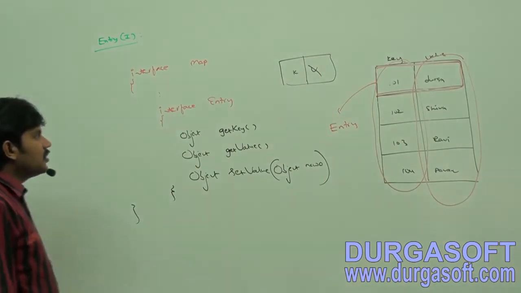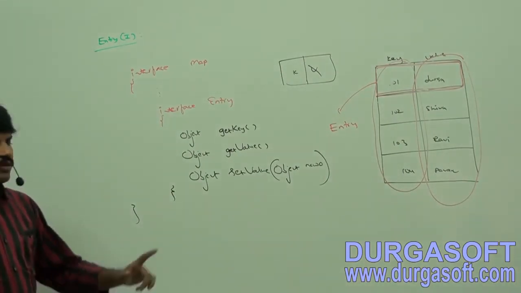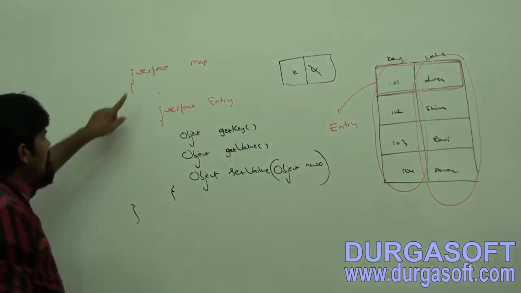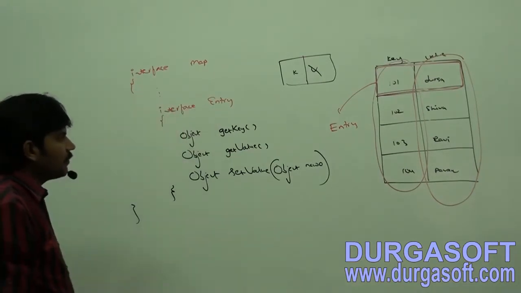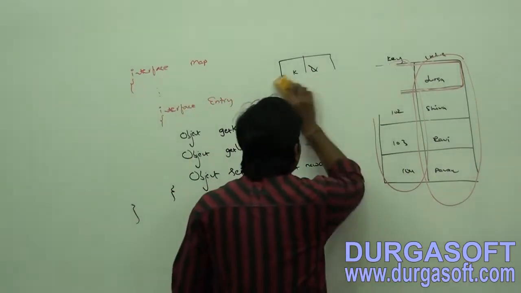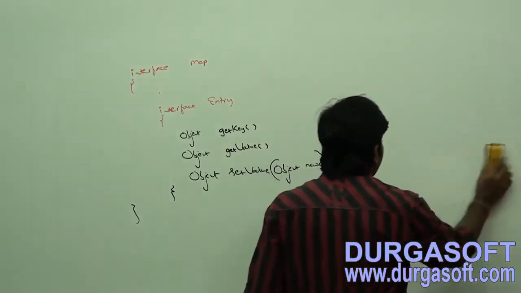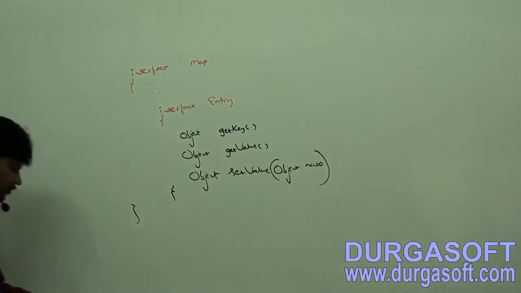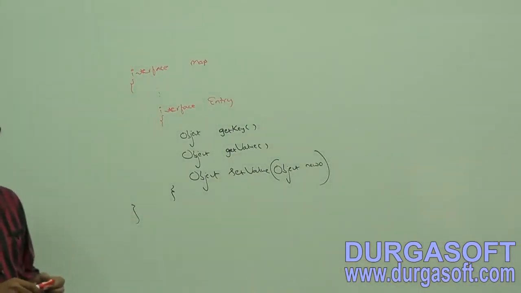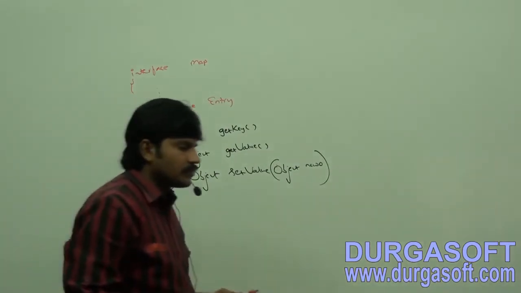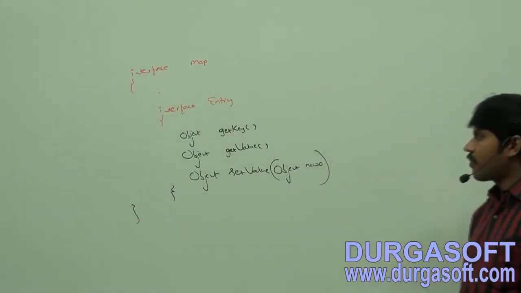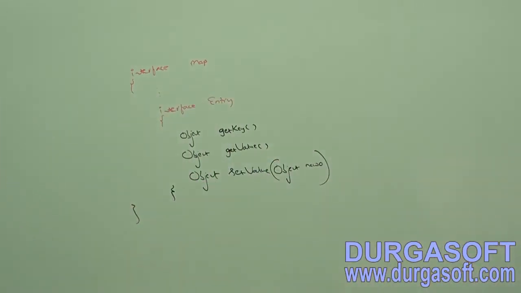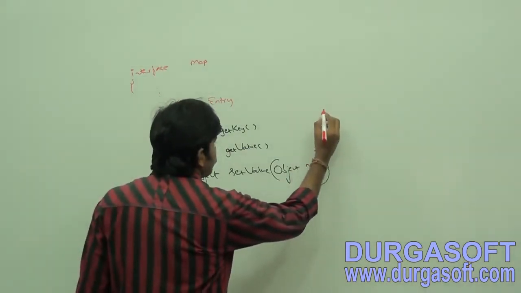So make sure this is what you people should be aware of. Now take this diagram. Interface Map, in that interface Entry: Object getKey, Object getValue, Object setValue(Object).